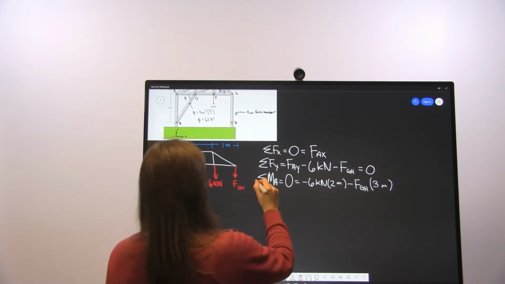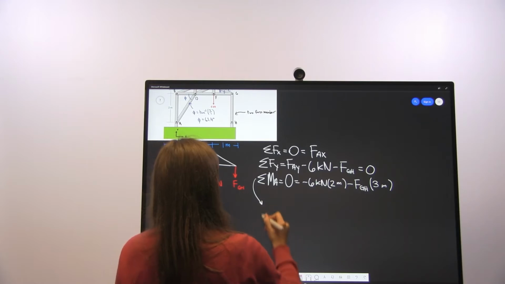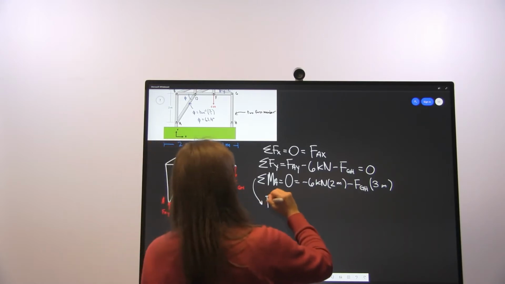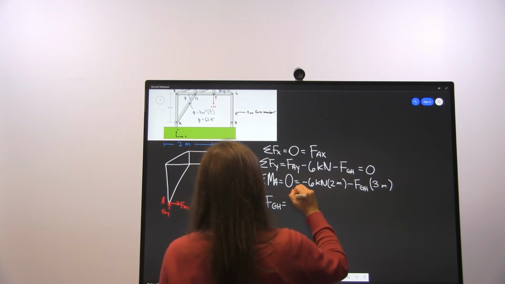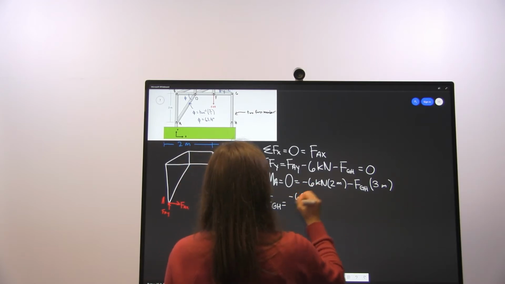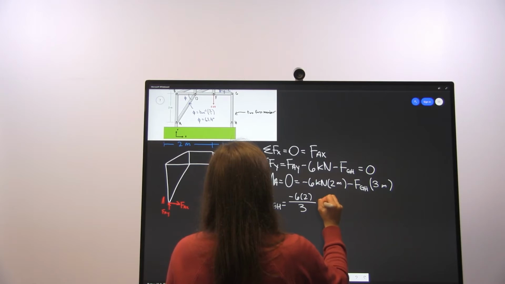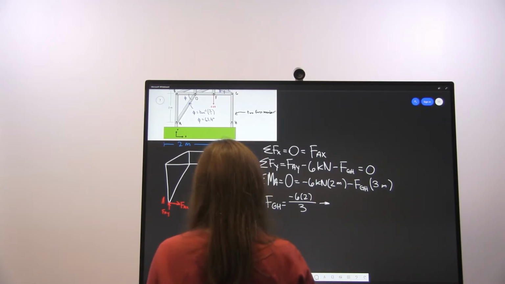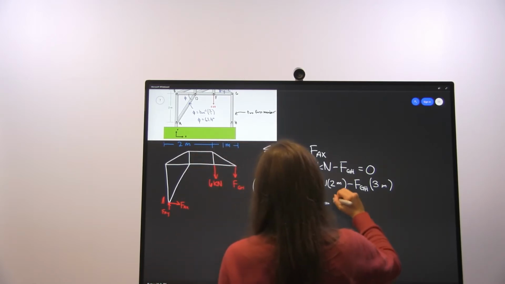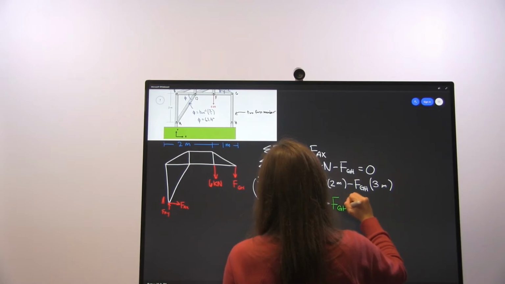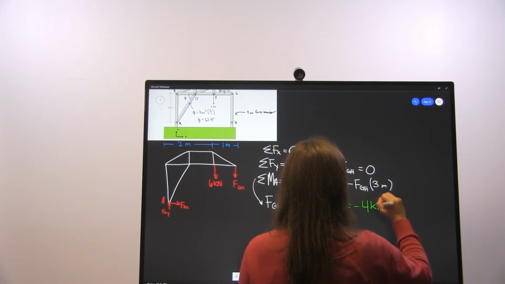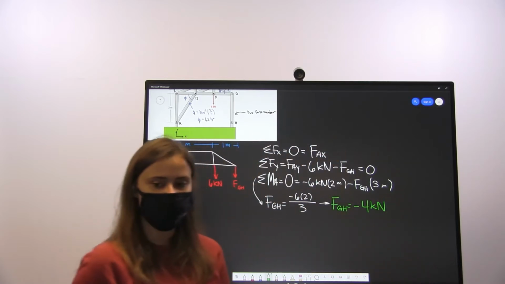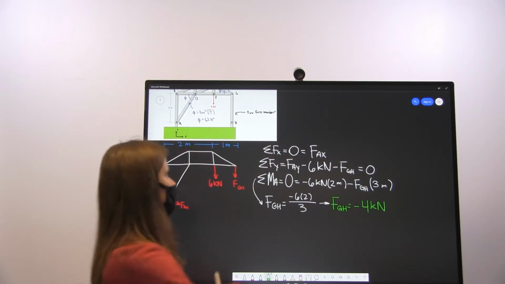When we solve our moment at A, we get FGH is equal to negative 6 times 2 over 3, which gives us FGH equal to negative 4 kilonewtons. This is going to be a compressive force because it's negative, so it means that it's pushing down, it's compressing.